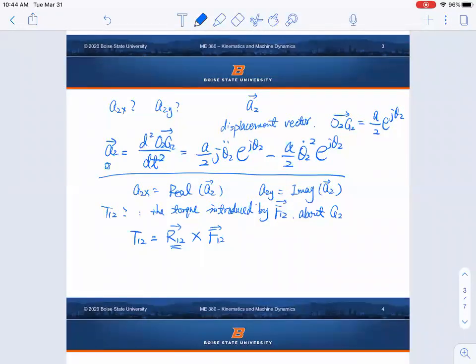R12 is a position vector. It starts at G2, so it always starts at where your torque is calculated about, and then it ends at the force location.